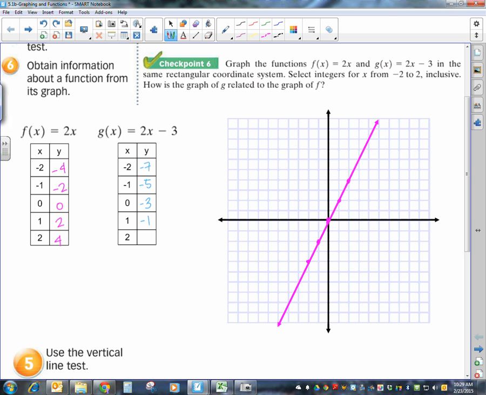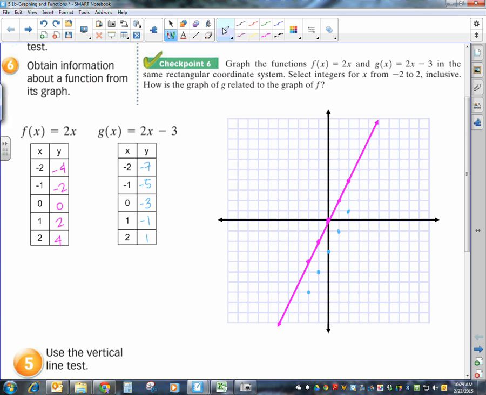And 2 times 2 minus 3 is +1. So I'm going to plot those points. At -2, I have -7. At -1, I have -5. At 0, I have -3. At 1, I have -1. And at 2, I have +1.